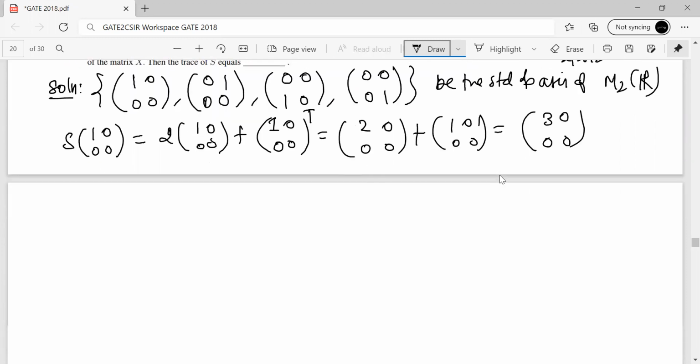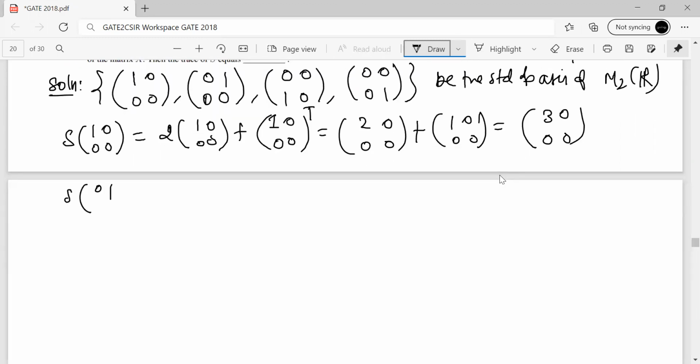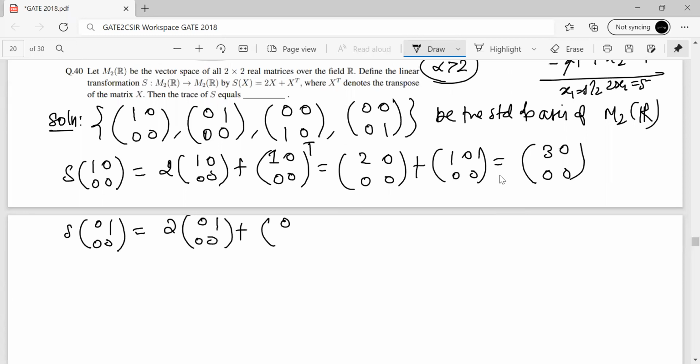Then S of 0 1 0 0 will give me 2 times 0 1 0 0 plus its transpose, which will be 0 0 1 0. If I add, I get 0 2 1 0. Now let's find out the next one.